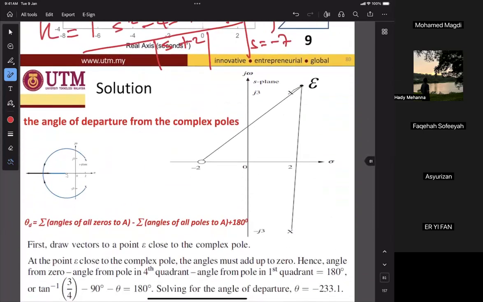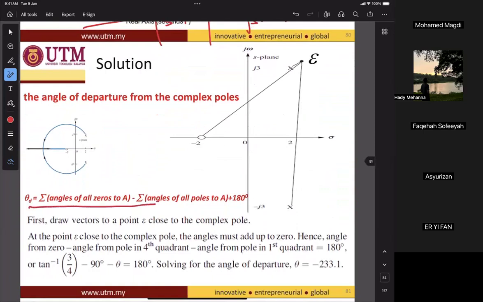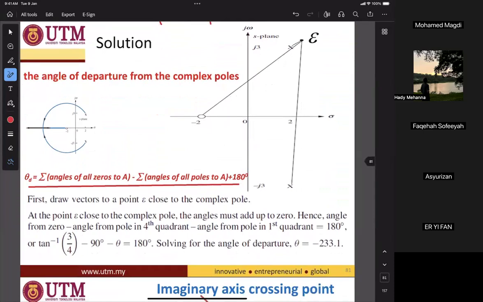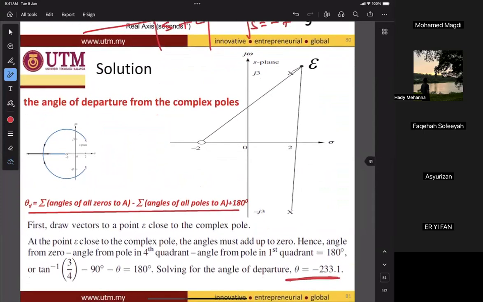And for the angle of departure, as shown here, use the formula straight away, the angle of theta departure. And then you will get the value of theta is minus 233.1, which is over here. The angle of departure. All right.